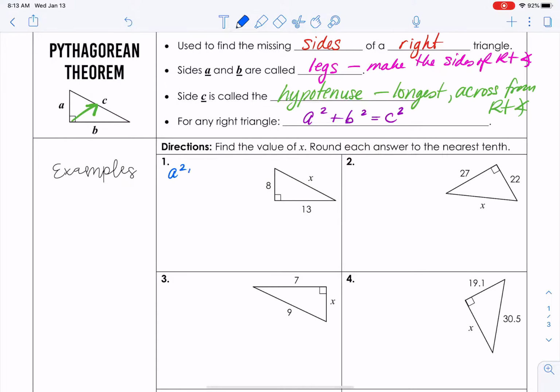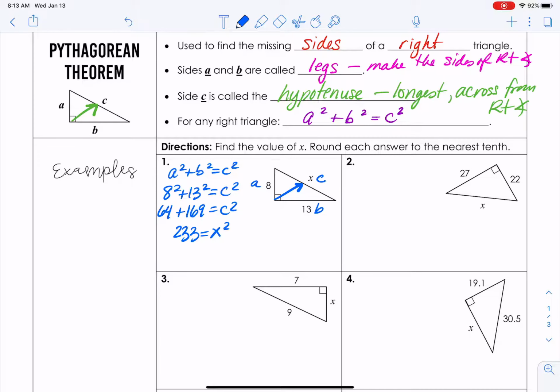So starting with a squared plus b squared equals c squared, the first thing I'm going to do is identify c. That means the other two are a and b. 8 squared plus 13 squared equals c squared. 64 plus 169 is c squared. 233 equals x squared.